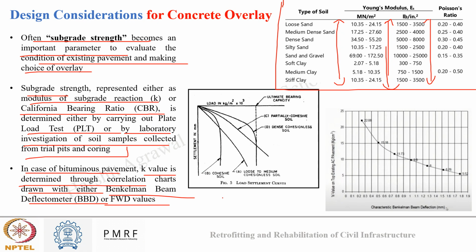Here you can see load settlement curves that were made to assess the strength of the subgrade material, and you can see for different soils the settlement is different based on the increment and offload. And this is a general Benkelman beam deflection curve, so it shows how with the increase in deflection the K value of the existing pavement is decreasing. Okay.